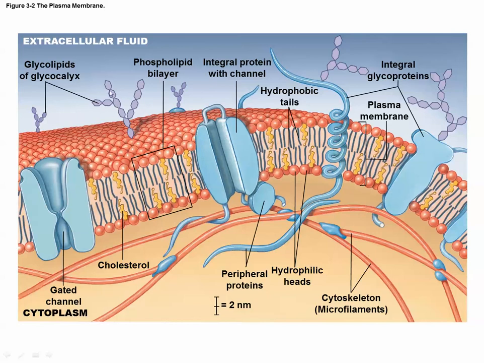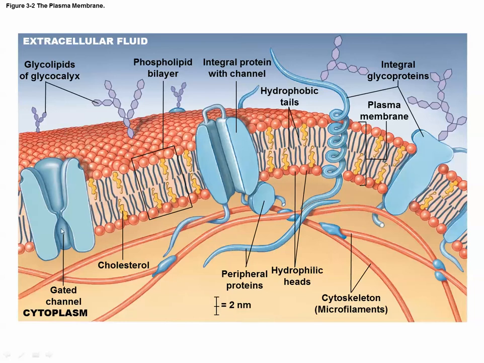The whole group of these glycoproteins and glycolipids, the carbohydrate part that sticks up on the external part of the cell, is called the glycocalyx, and it forms a sticky surface on the cell.